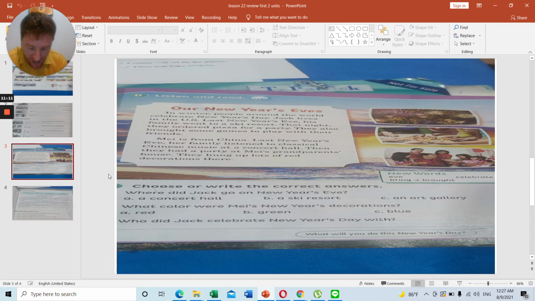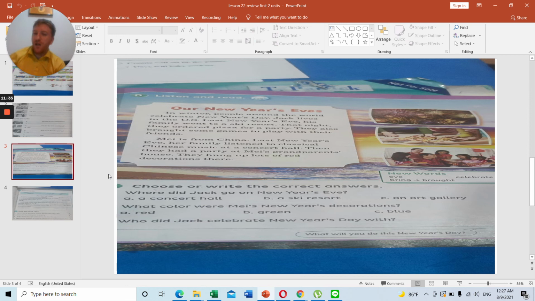And then 3, who did Jack celebrate New Year's Day with? So who was Jack with on New Year's Day? Who did he celebrate with? So find the story and you would say Jack celebrated New Year's Day with his family. So that is page 27.